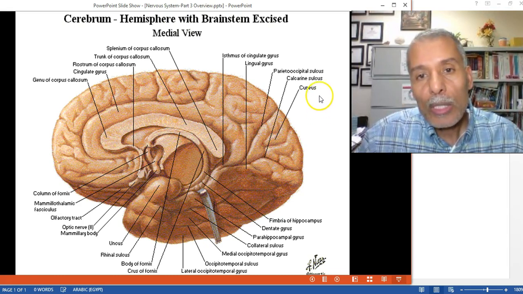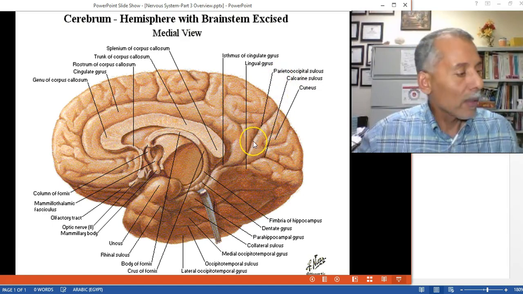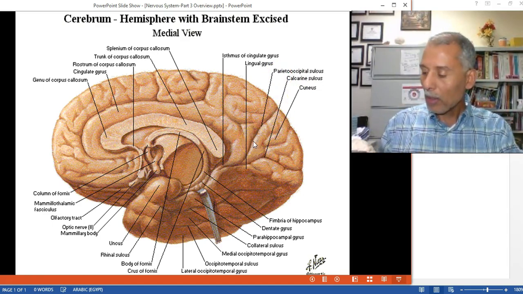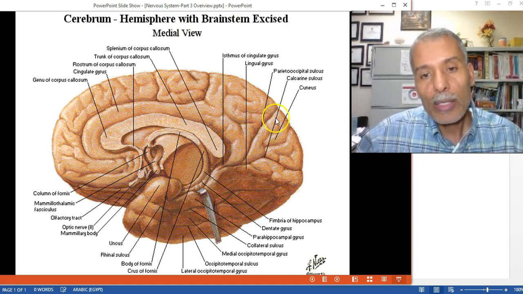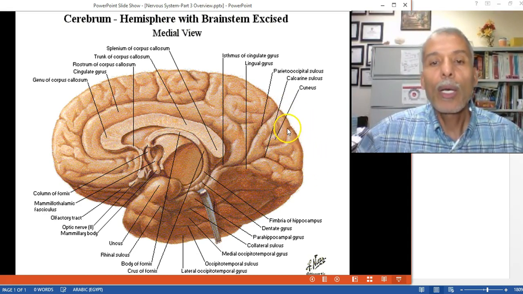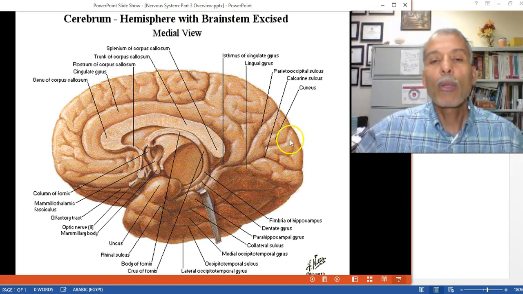It's not showing in this model, but it is the boundary between the parietal lobe and the occipital lobe.